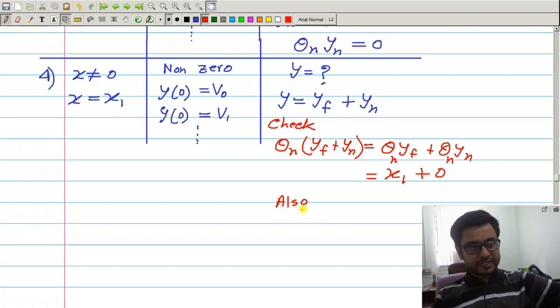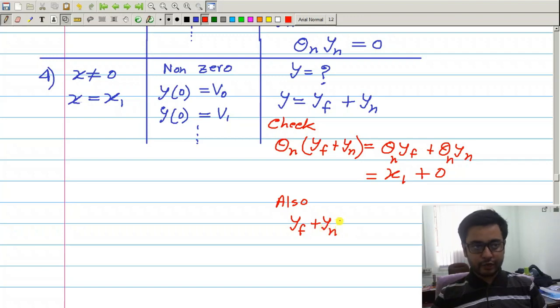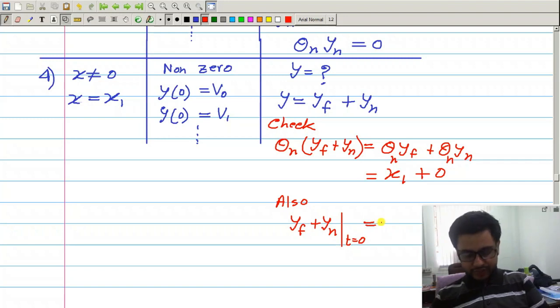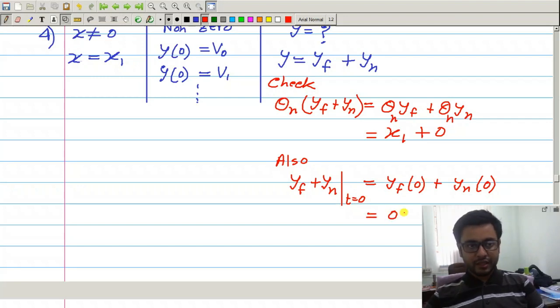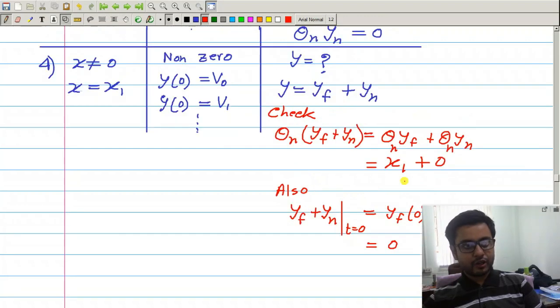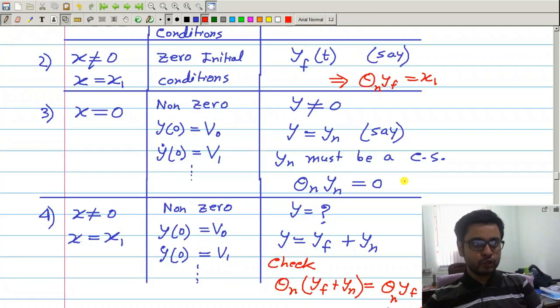Also, let's check the initial conditions. So if we find the value of yf plus yn at t equal to 0, that will be same as yf(0) plus yn(0), and now yf(0) should be equal to 0 because yf was the output here for 0 initial conditions.